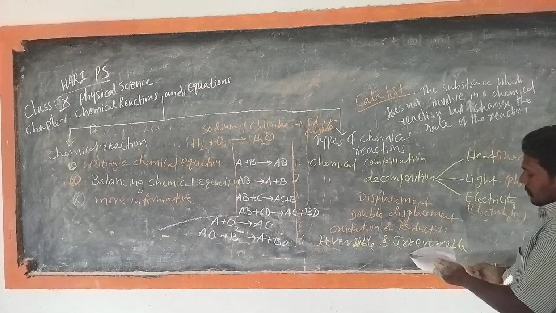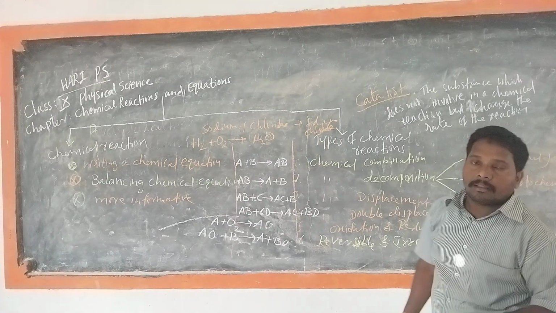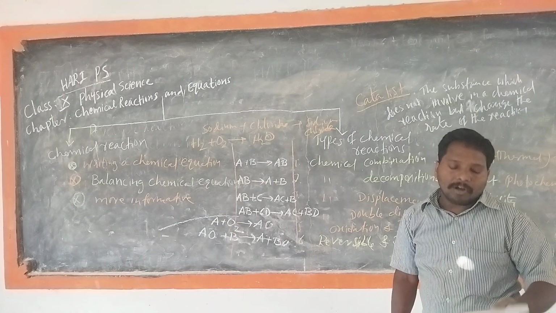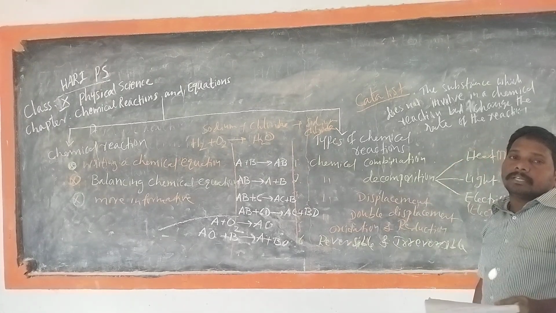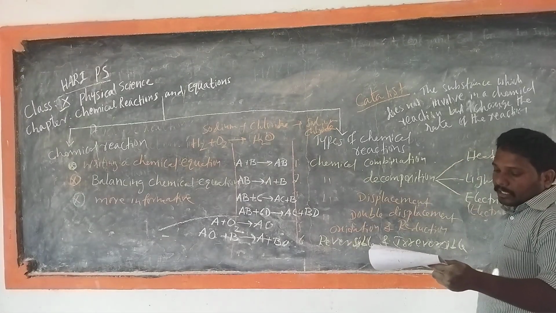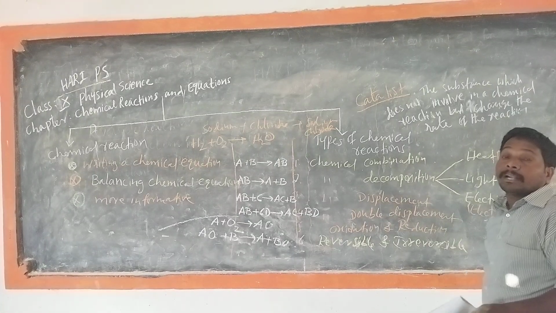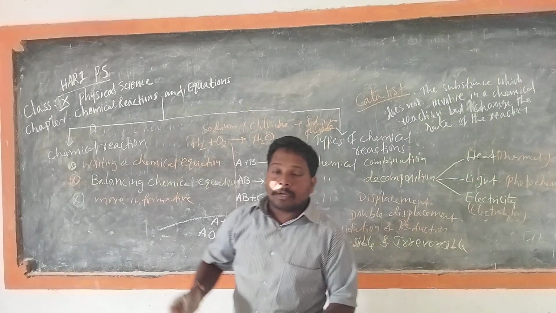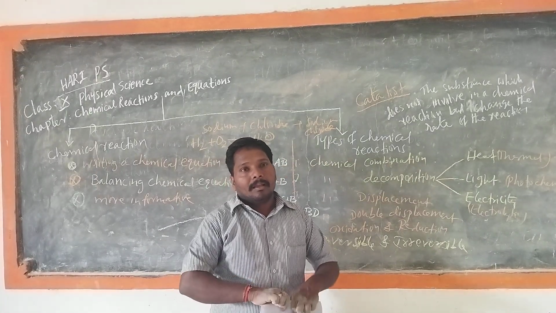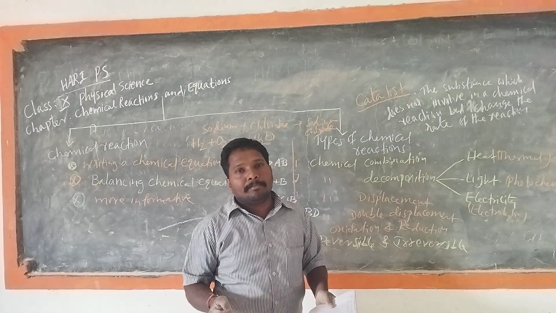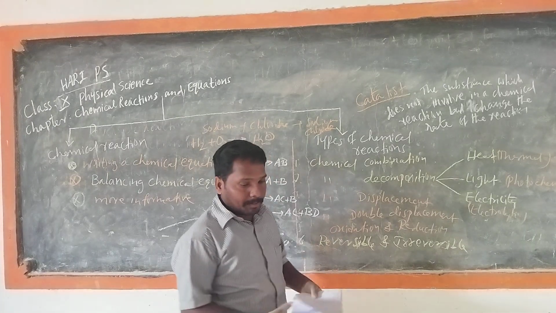If you take one example, hydrogenation of oil. In oil, nickel is used as a catalyst for converting vegetable oil into vanaspati. To convert the vegetable oil into vanaspati, this reaction takes place in the presence of nickel.